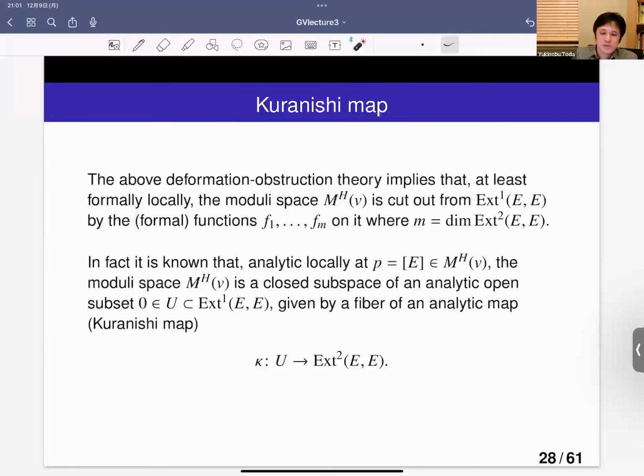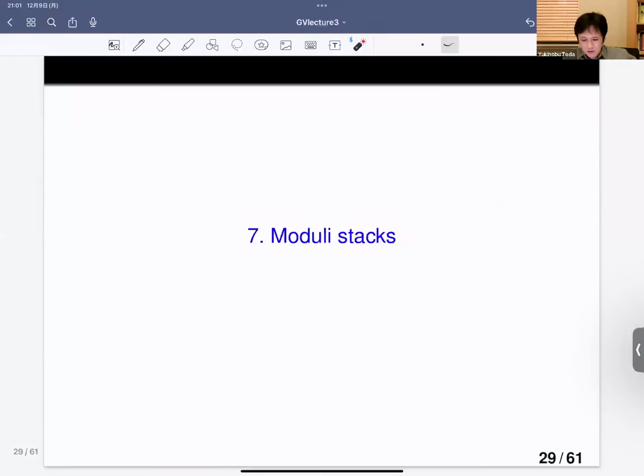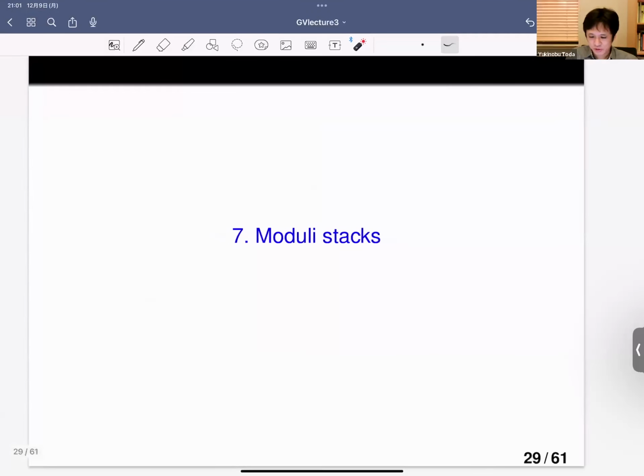Anyway, the important point is that locally the moduli space is given by the zero locus of some functions, whose number is given by the dimension of X2. So then I will now go to some generality of the moduli stacks.